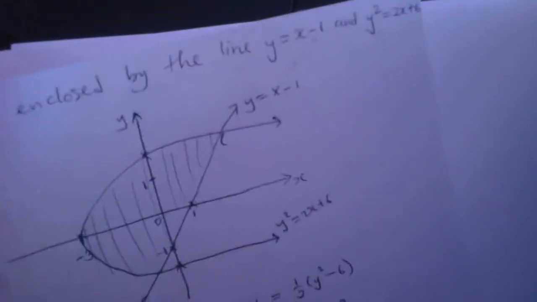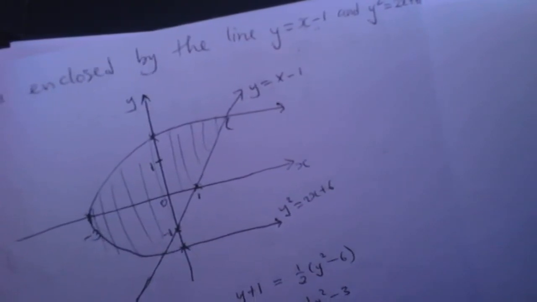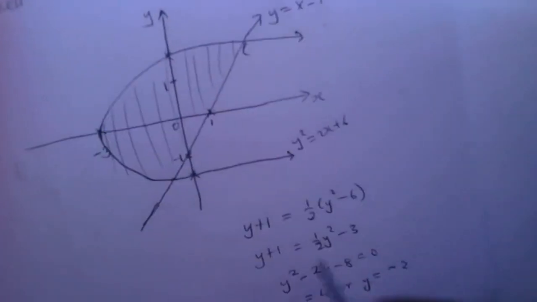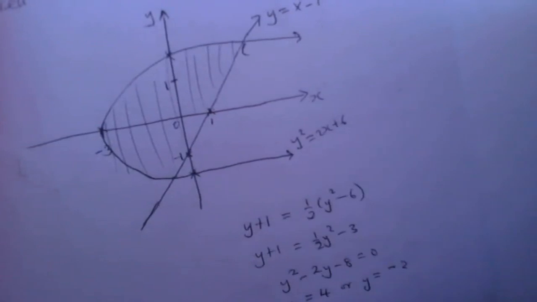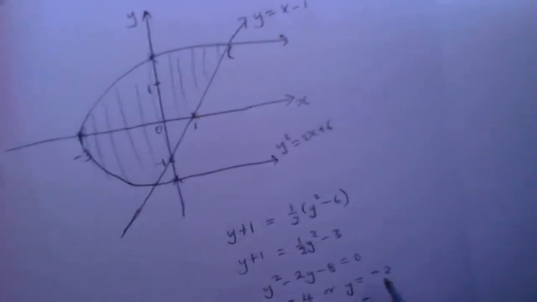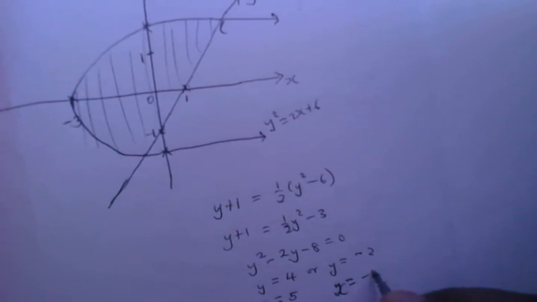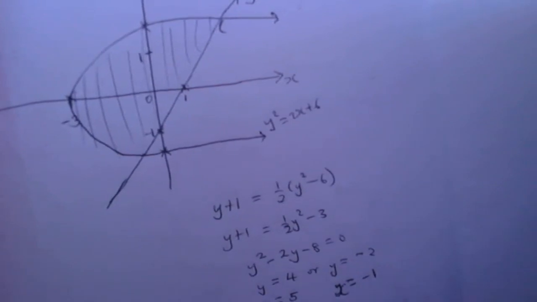Remember, if y is 4, it means that x would just be equal to 5. And if y is minus 2, it means that x will just be equal to minus 1.